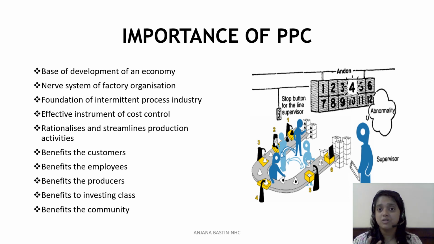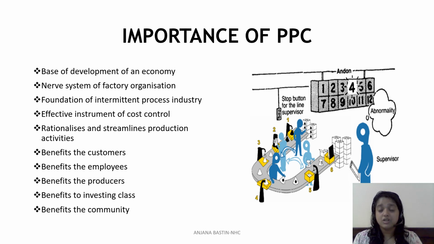PPC is more or less important because we have discussed earlier in production controlling that the intermittent process includes a lot of materials and a lot of machines. We are using general purpose equipment; intermittent is batch production, by the way. We use general purpose and specific purpose.